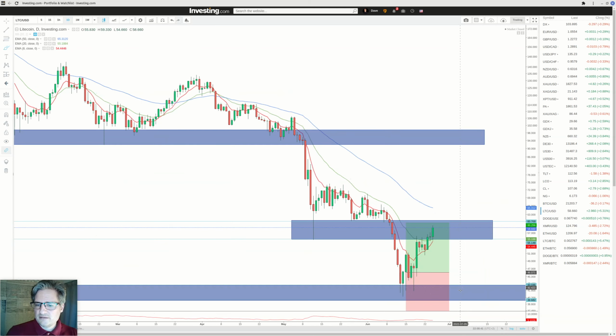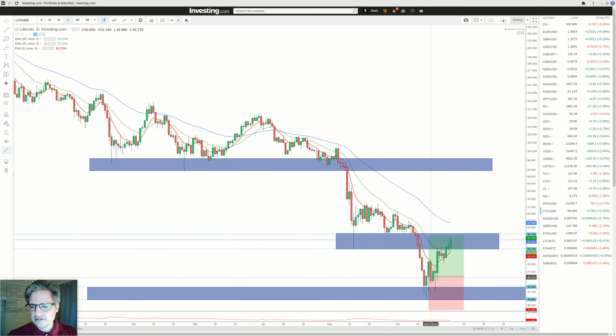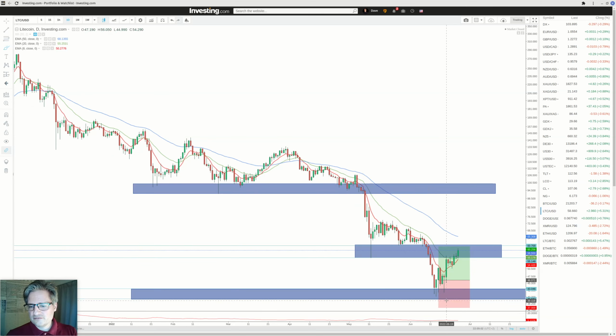Based on the price action, we saw this very strong move down, and then this bearish candle was enough for me to be convinced that we could see higher prices on Litecoin. So I decided to place my entry here, stop below this level with some buffer using the ATR, and targeting the bottom of this range here.